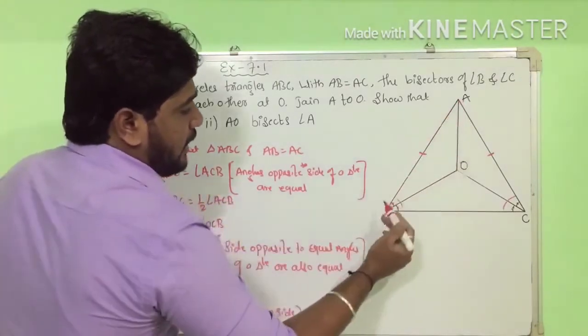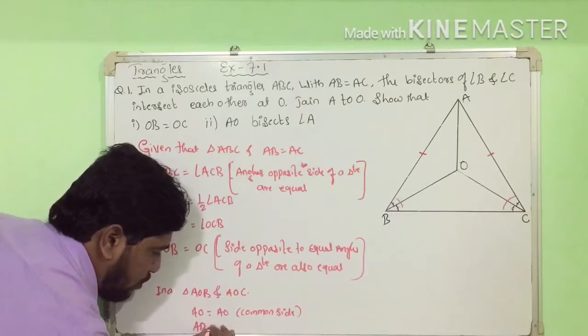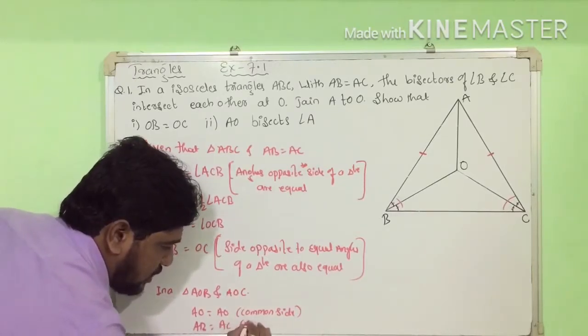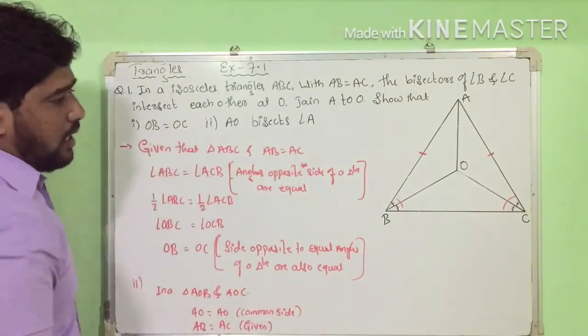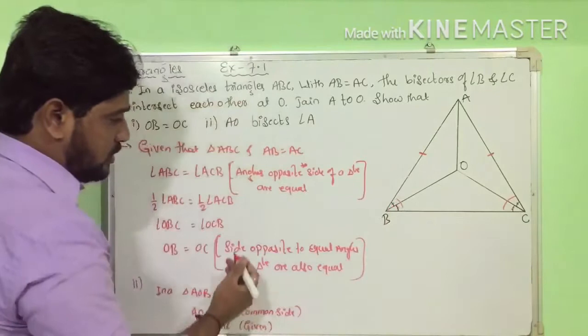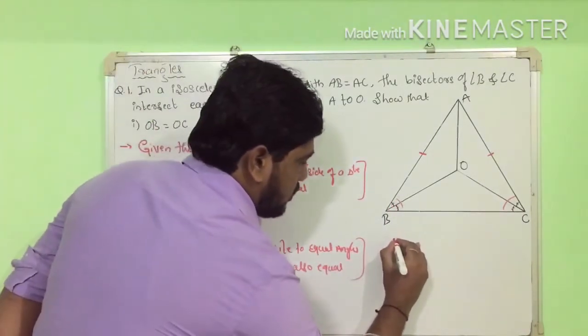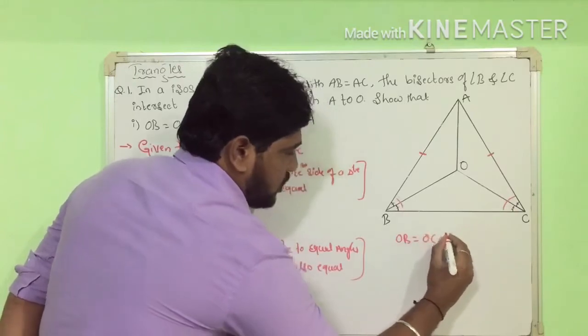And AB is equal to AC, given. And OB is equal to OC, just proved, right?